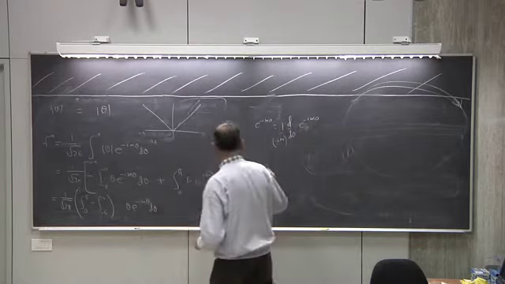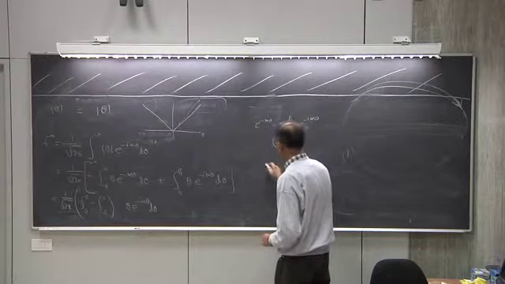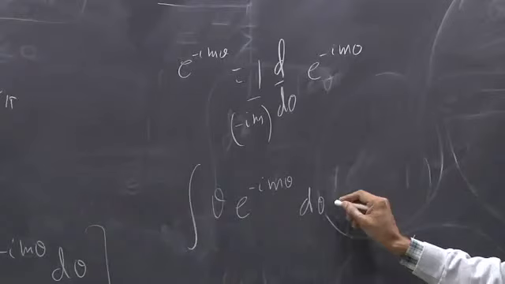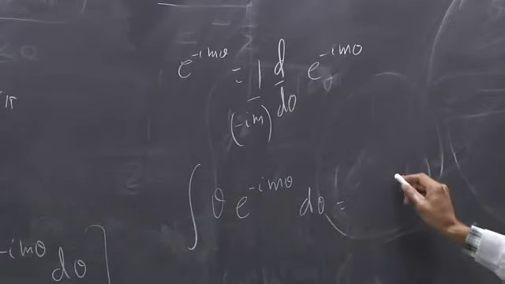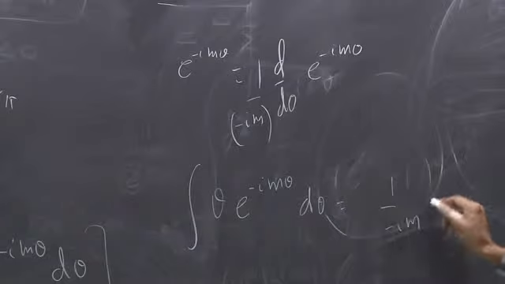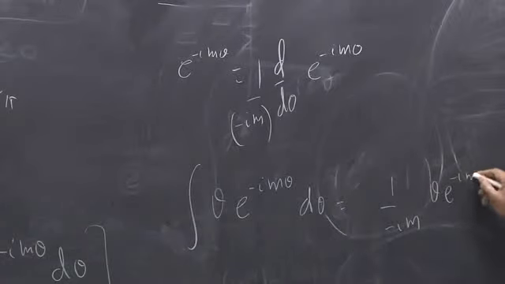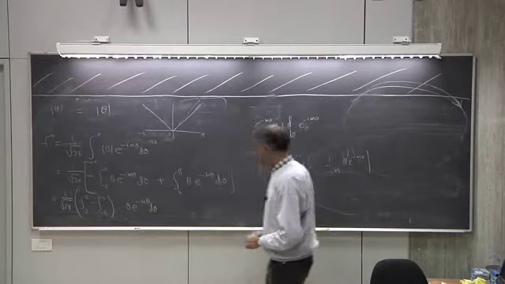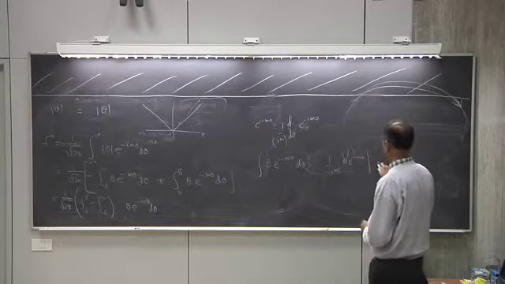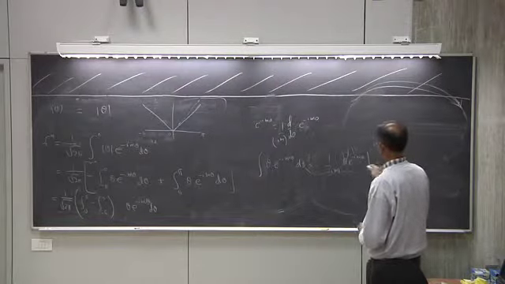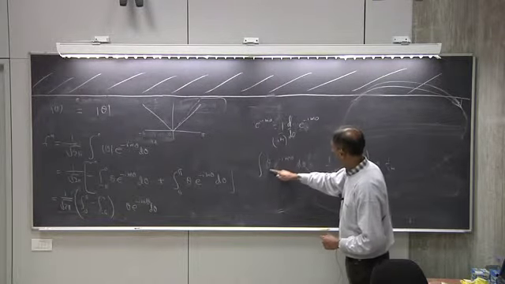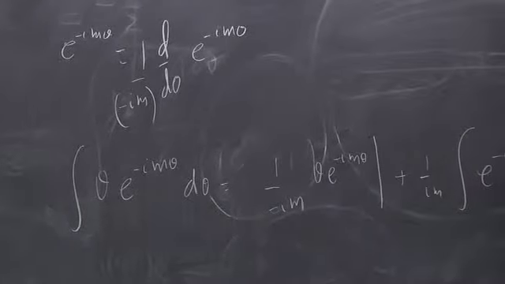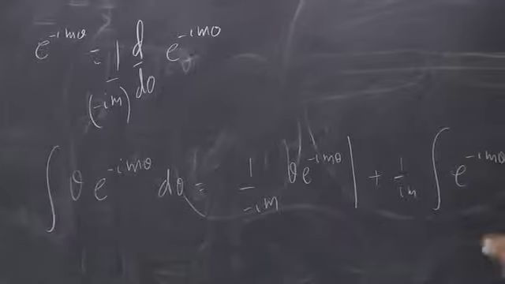So the first term, theta e to the minus i m theta integrated d theta, will give me a boundary term, which will be 1 over minus i m theta e to the minus i m theta at whatever the boundary points are. And then I will get plus 1 over i m times the d by d theta hitting this theta, which gives you 1.